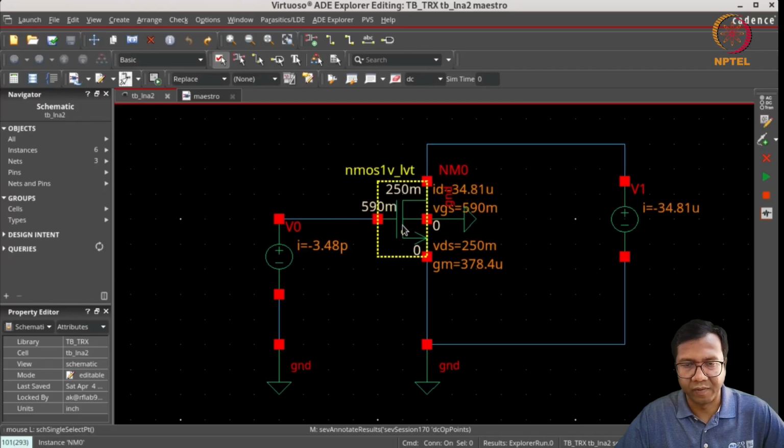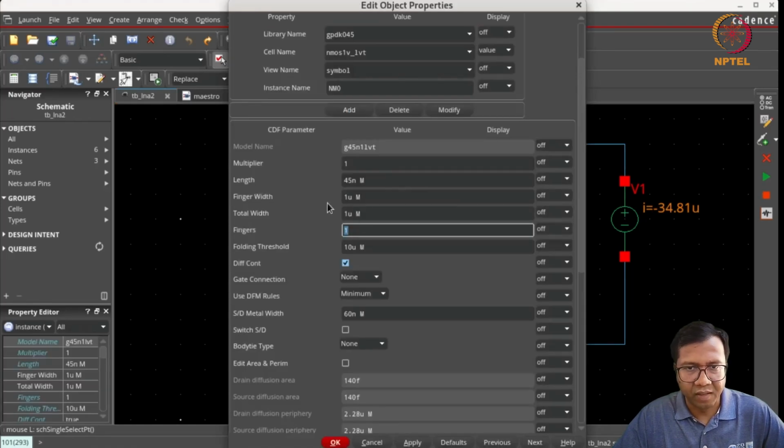So the current density is fixed. The only thing to vary is now the width of the MOSFET. So here we can see that it is consuming only 34.8 microamps, whereas the budget given to us is 5 milliamps for the LNA. So we are going to scale the number of fingers and the multiplier such that overall this MOSFET consumes close to 5 milliamps of current.